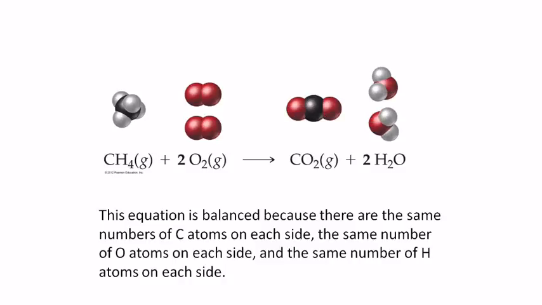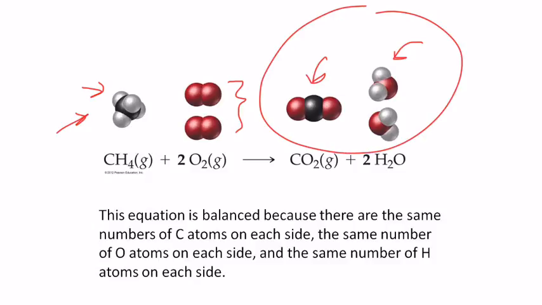Just by the white balls, your hydrogen atoms, we have 4 over there, 4 over here. We have 1 carbon here, 1 carbon here. We have oxygen in red, so we have 4 here, and we collectively have 4 over there. So yeah, it's balanced now, and that's what that's showing you.